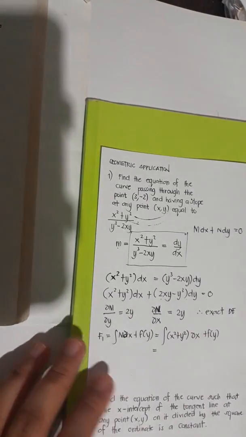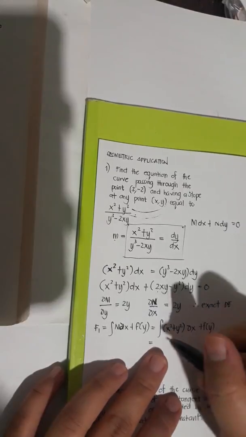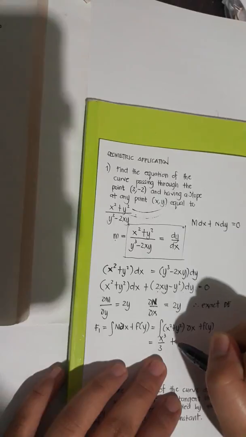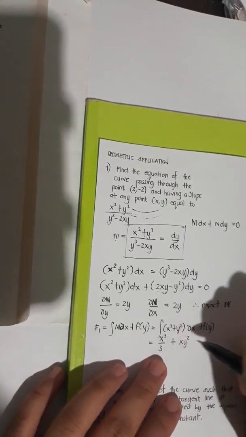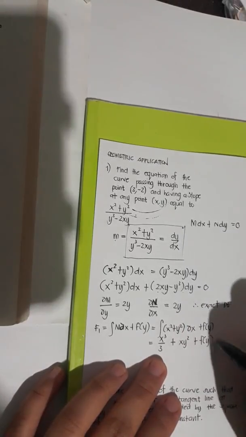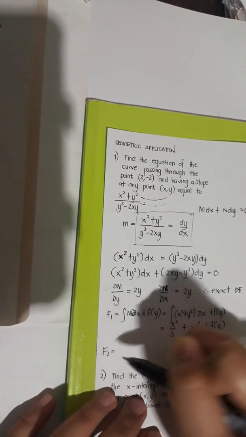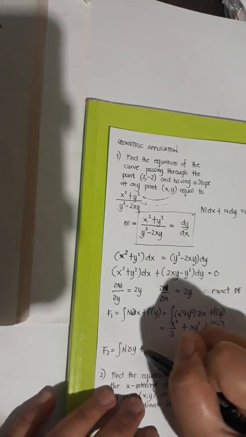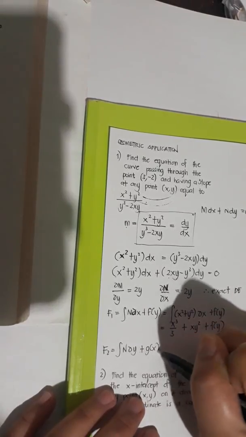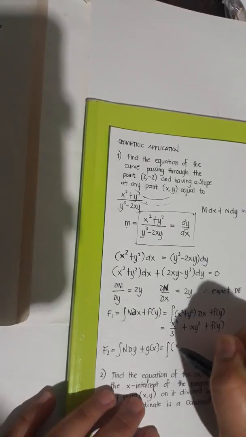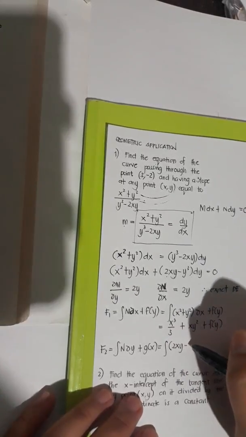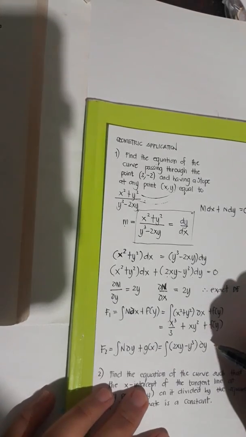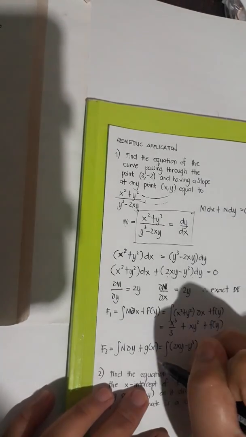We make y squared constant, so we have x cubed over 3 plus xy squared, plus f of y. Then for F2, we have the integral of N partial y plus g of x, the integral of 2xy minus y cubed partial differential y plus g of x.